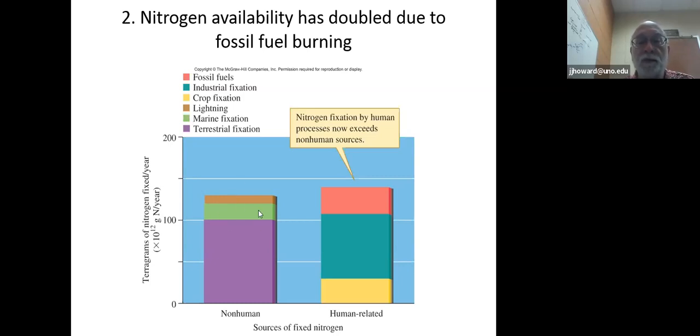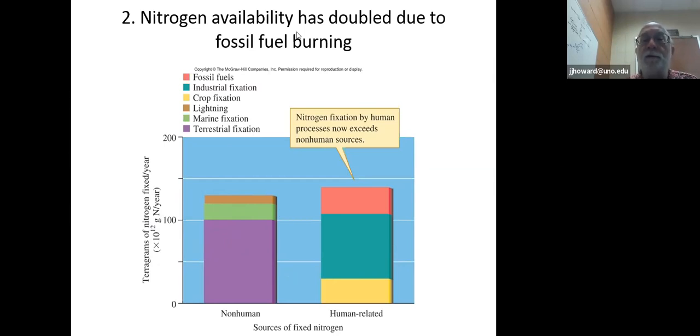Some of the microbes in aquatic systems fix nitrogen into usable forms. And mostly it's bacteria in the terrestrial environment that does most of the nitrogen fixation. So this is teragrams, 10 to the 12th grams of nitrogen per year. And notice it's about 120 teragrams of nitrogen that are fixed by natural processes.